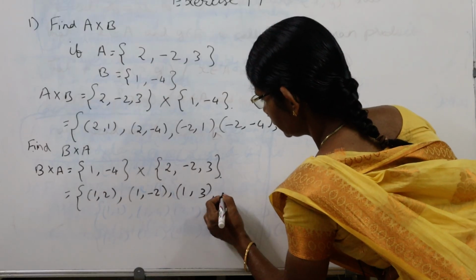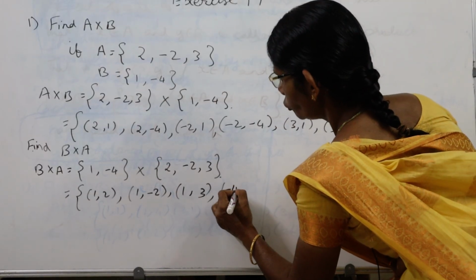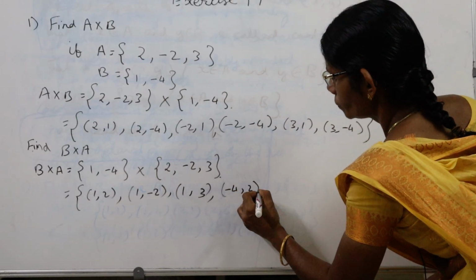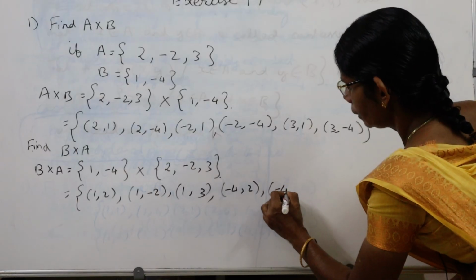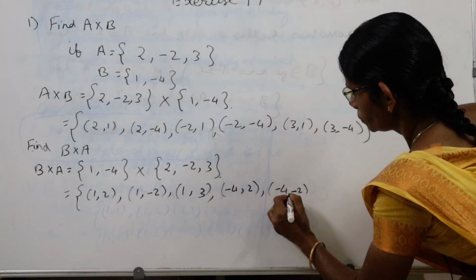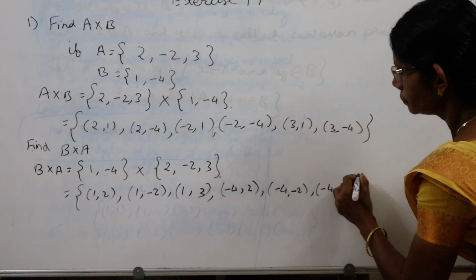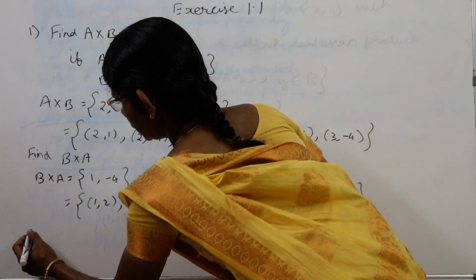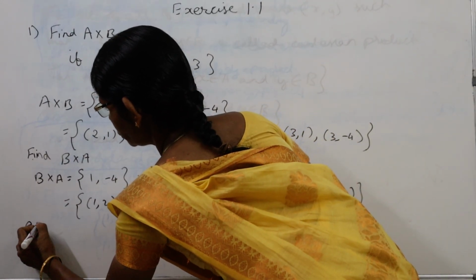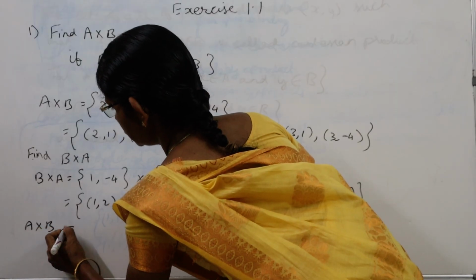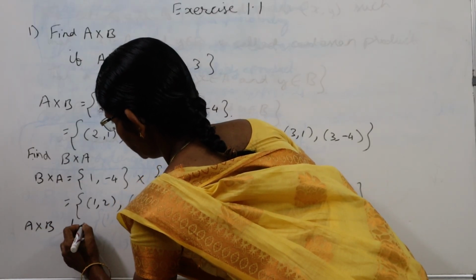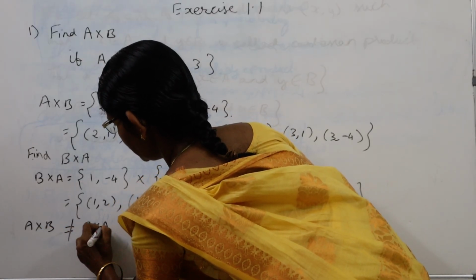Next we take the second element: (-4, 2), (-4, -2), (-4, 3). We see that A cross B is not equal to B cross A.